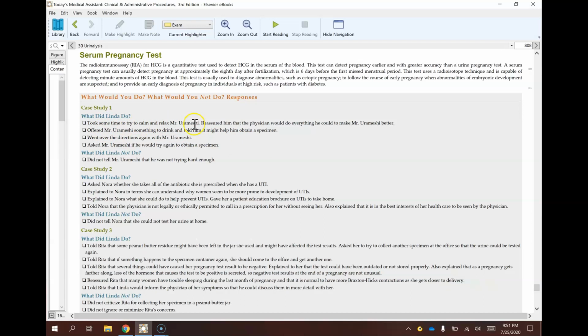She took some time to calm him down, reassured him the physician will do everything he can to make Mr. Urameshi better, offered him something to drink, told him that drinking the water might make it easier for him to urinate, went over the directions again, and asked him to try again.